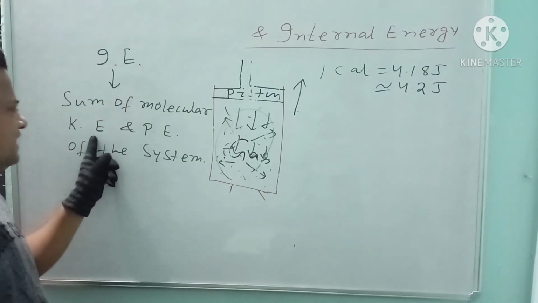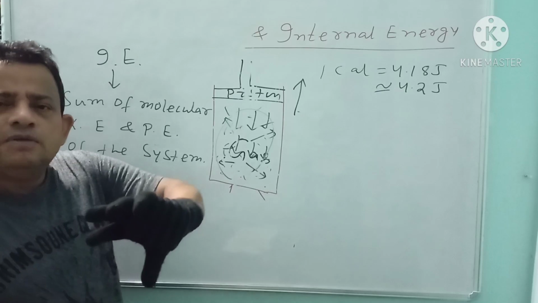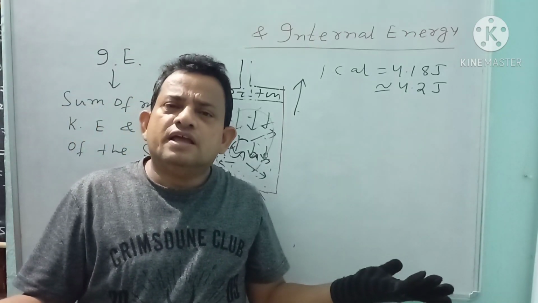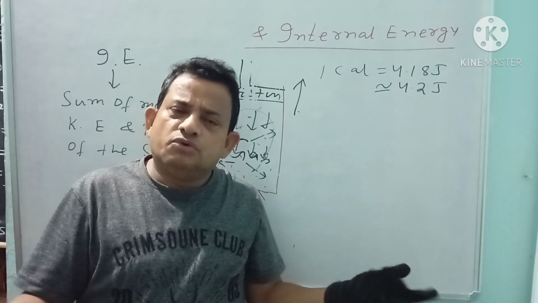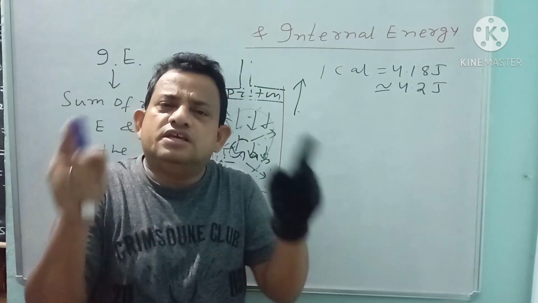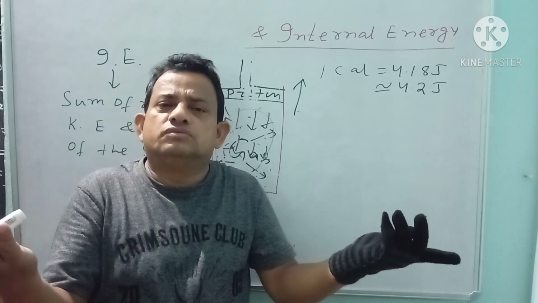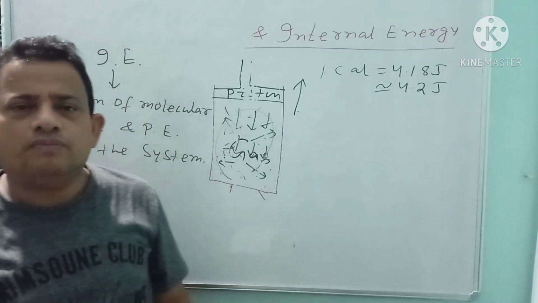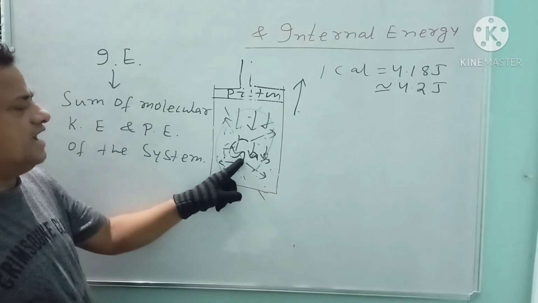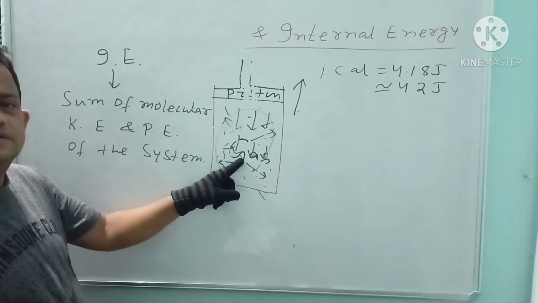So this kinetic energy is a function of temperature. What does it mean? When temperature is varied, the kinetic energy of the molecules varies. How? Suppose you give heat to the gas. What happens?